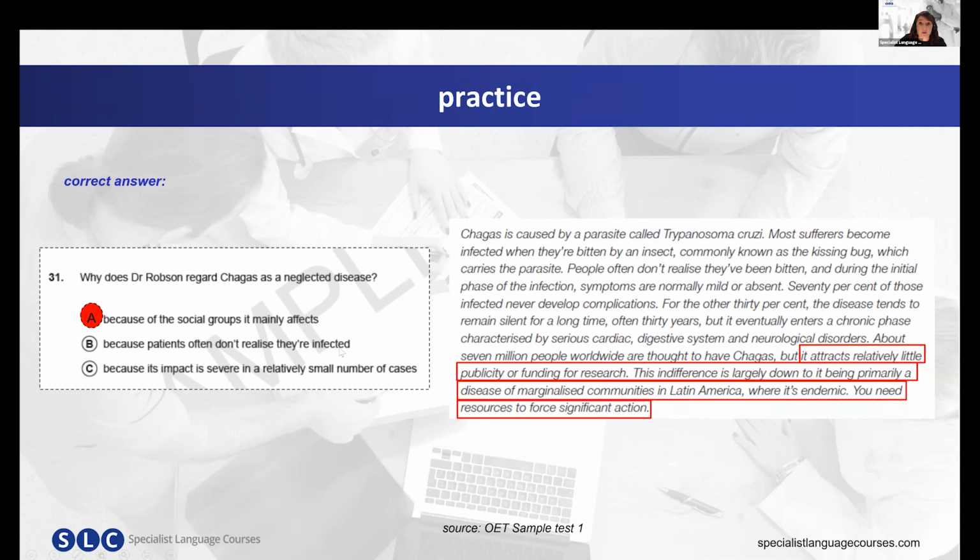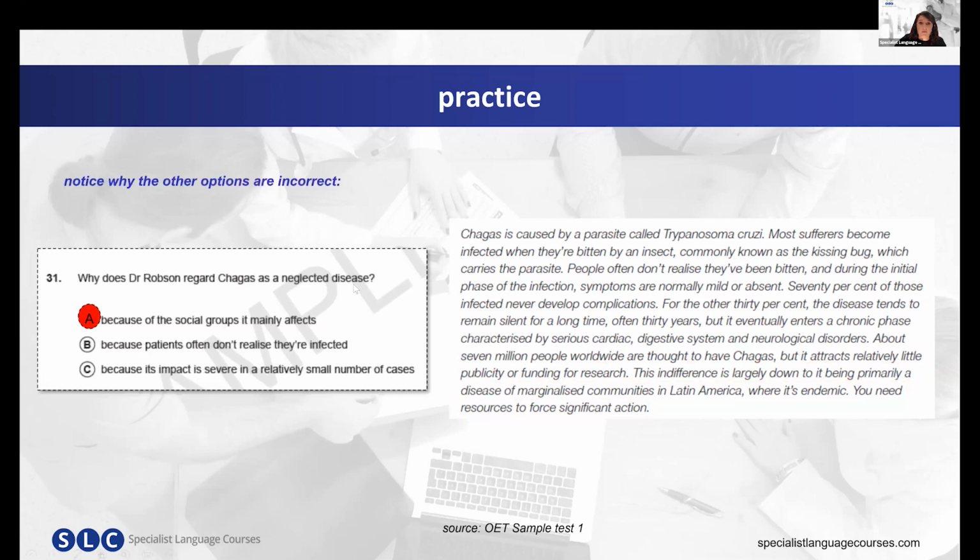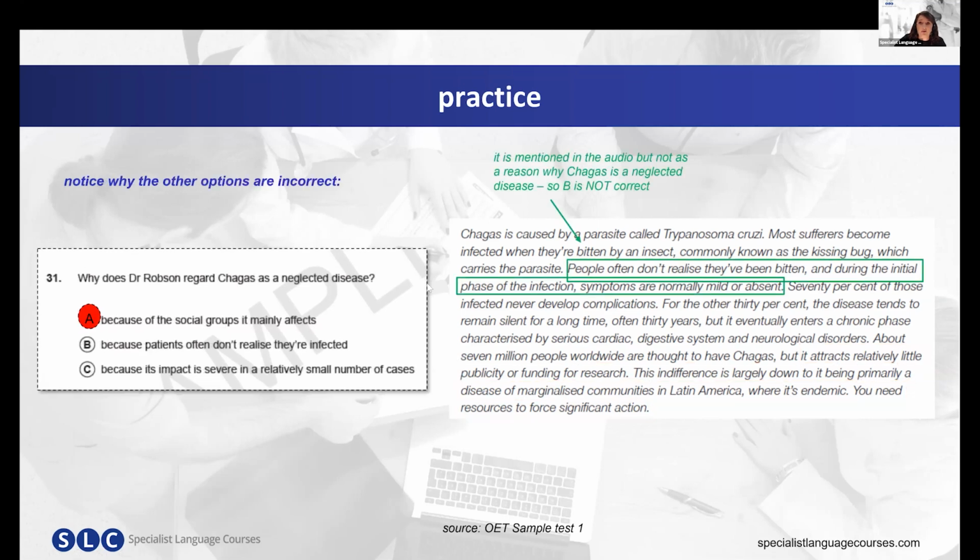As we'll see, quite often answers are mentioned, but we need to be very careful that it's answering the question. So let's have a look. B is not correct because it is, as a few of you noticed, mentioned in the audio, but it's not the reason it is a neglected disease. He's giving us information about the background of the disease.